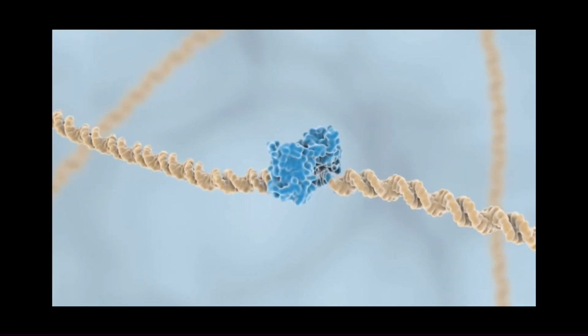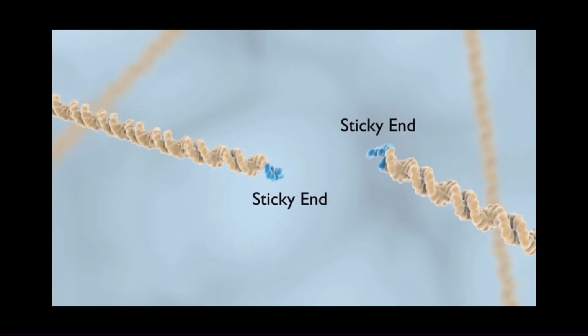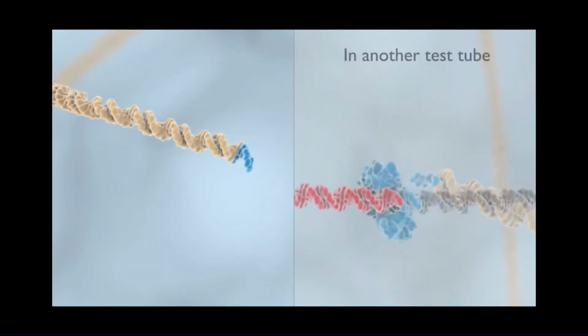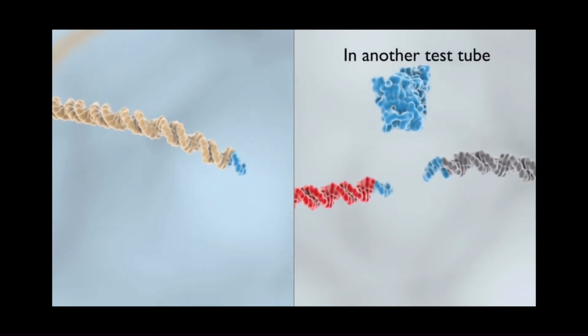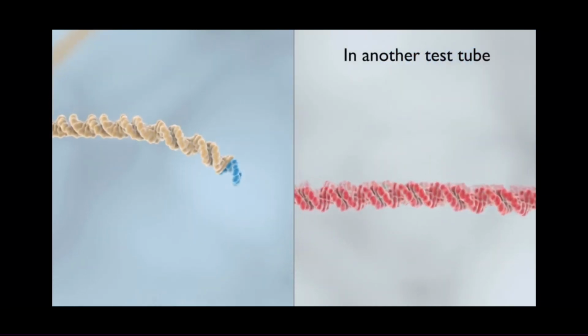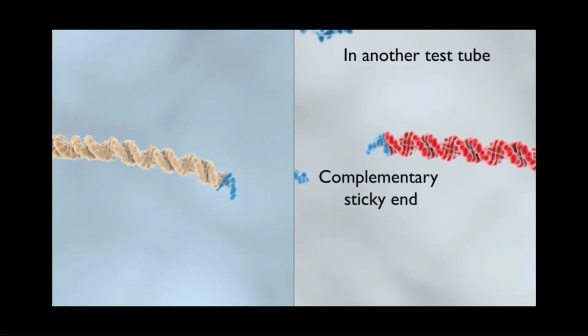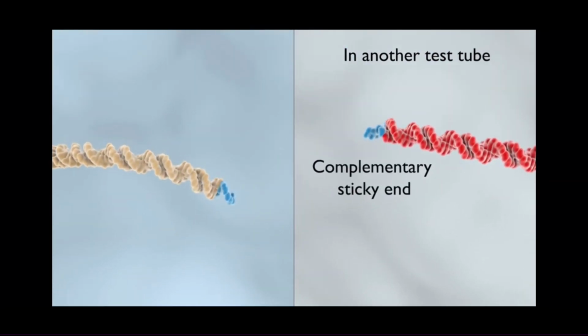Some restriction enzymes leave the DNA with uneven ends, also known as sticky ends, shown here. If the gene we wish to insert and the plasmid are both cut with the same enzyme, these sticky ends will be complementary, meaning they will readily bond with one another.